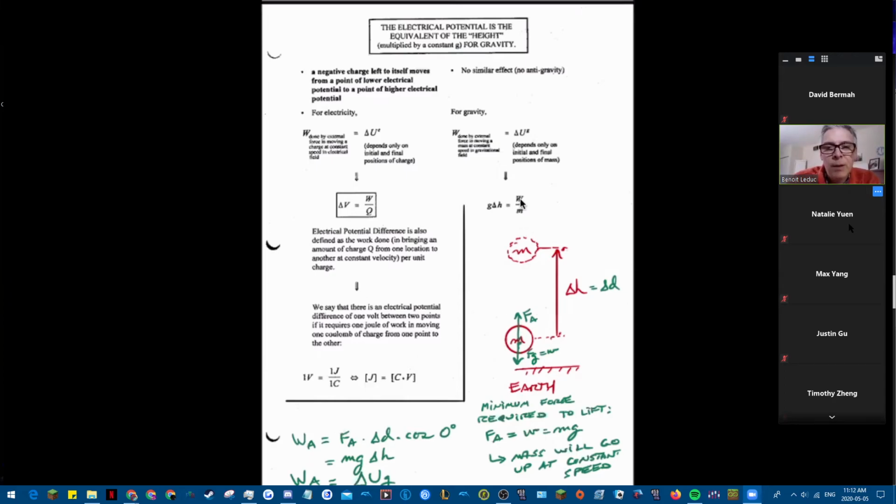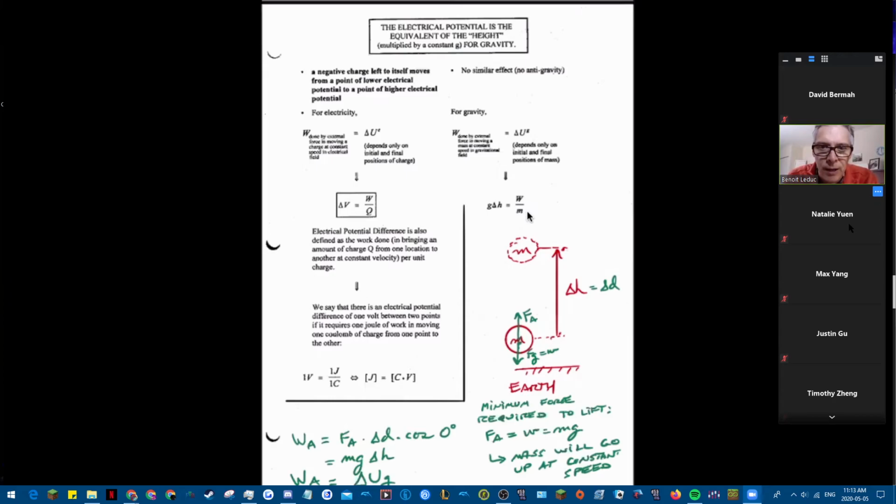Okay, so for gravity here, the work done by an external agent in moving a mass at constant speed in a gravitational field is equal to the change in gravitational potential energy, right? Now, if I take this and divide by m, delta UG divided by m, I get g delta h.